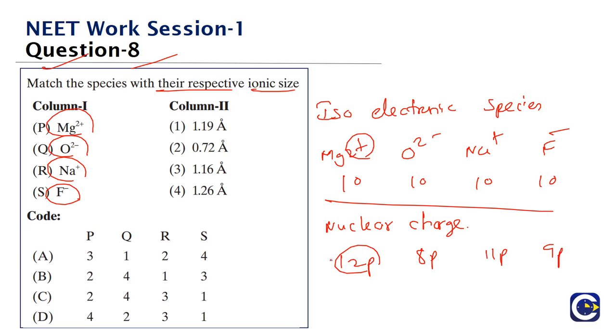Wherever the nuclear charge is more, so here, Magnesium 2 plus has the highest nuclear charge, 12 protons. High nuclear charge for the isoelectronic species would mean the corresponding radius will be low, because all of them have the same number of electrons in the orbits.